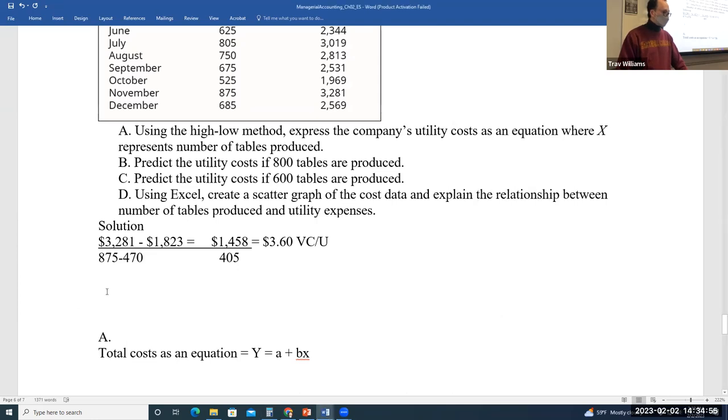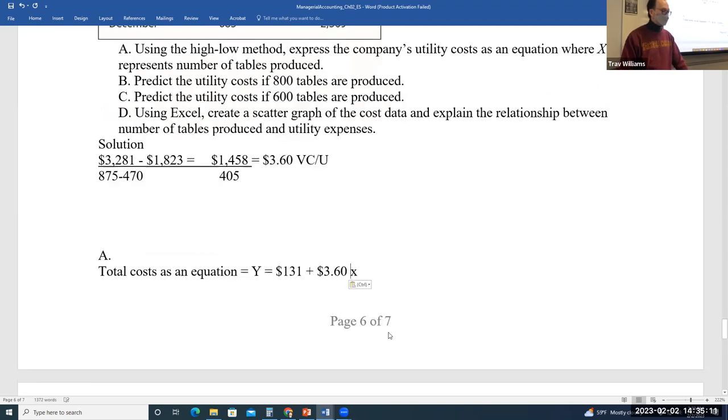So our fixed cost in this case, you can put it right here, is $131. Our variable cost per unit, $360. Okay. So we could say total cost equals $131 of fixed costs plus 360 times the number of units.